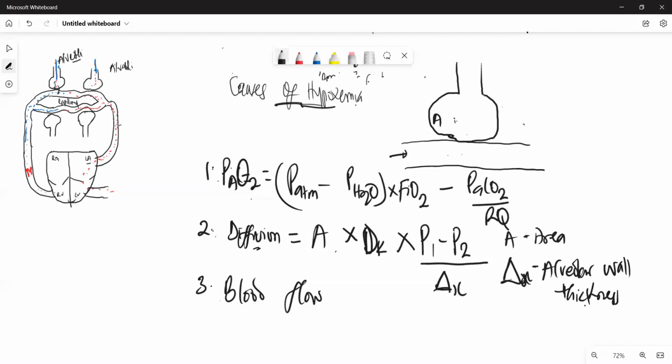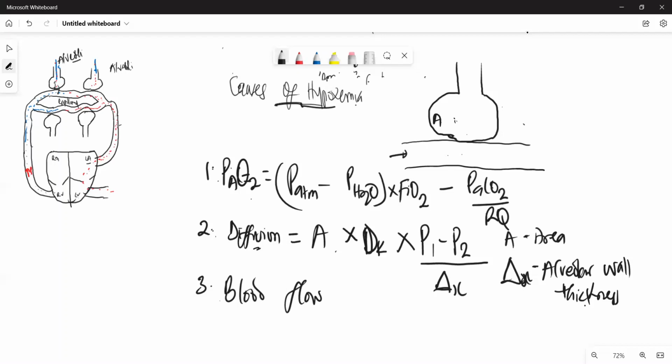From there, it goes through the pulmonary artery, because an artery carries blood away from the heart, into the lungs. At the level of the pulmonary capillary, gaseous exchange takes place. Carbon dioxide leaves from the blood into the alveolus, and oxygen comes in exchange for it.